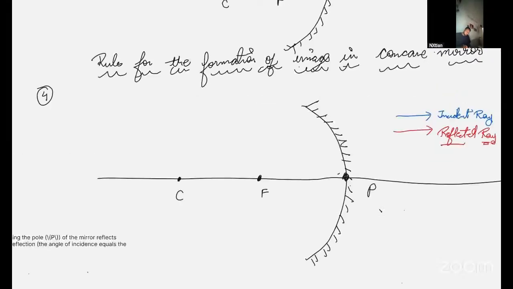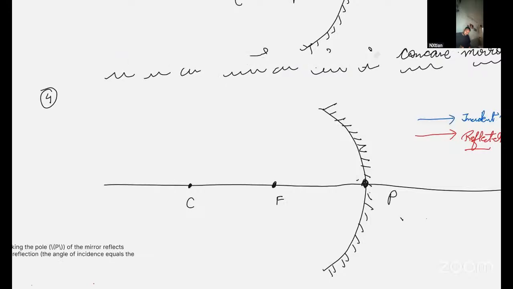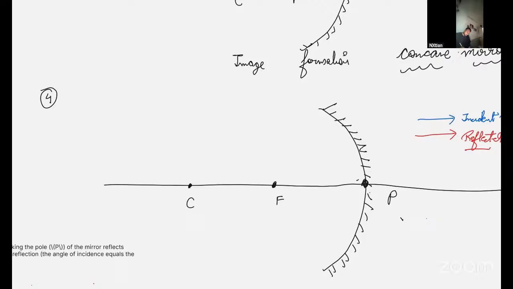Now put a heading: image formation in concave mirror.